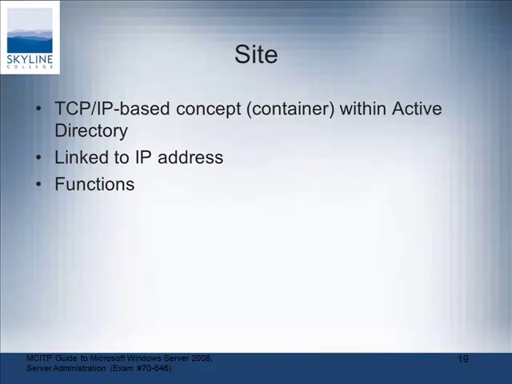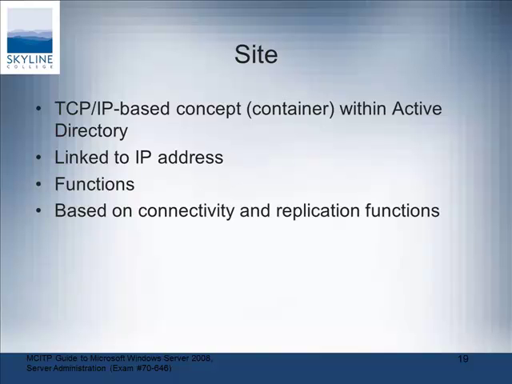Link to IP addresses, functions based on the connectivity and replication functions. We'll talk about some other things here that sites do. One of the things that sites do, we talked about, is replication. We have 2 domain controllers here and 1 domain controller in Virginia Beach, and they have a bunch of domain controllers, and all of the other satellites of ECPI have domain controllers.